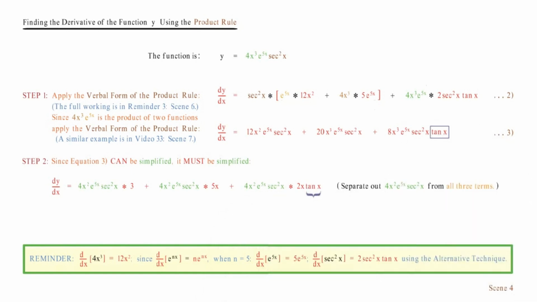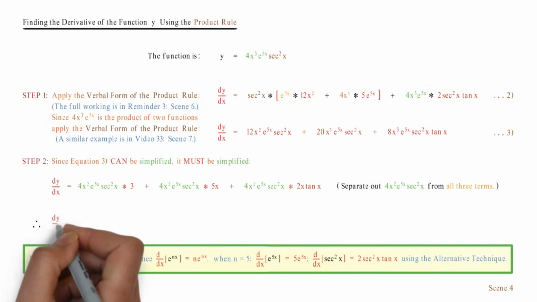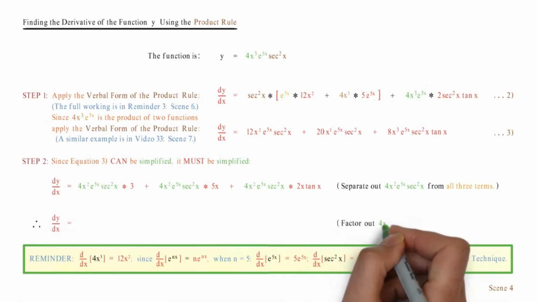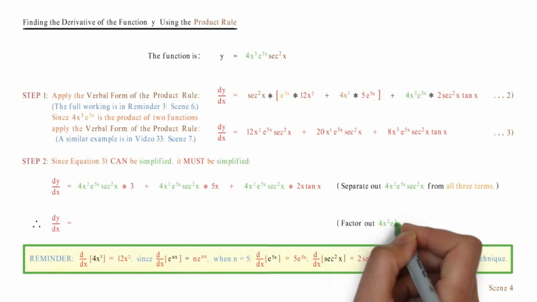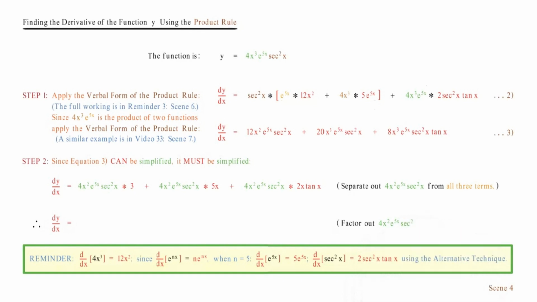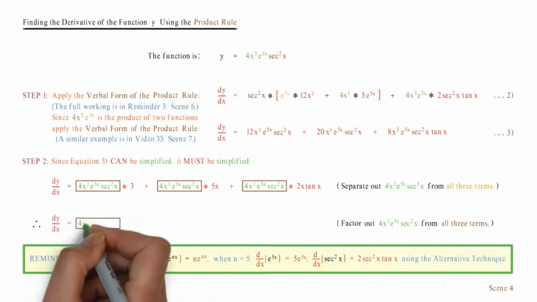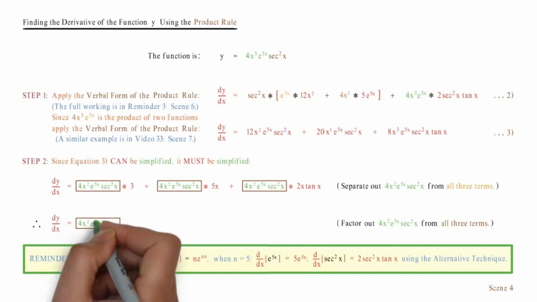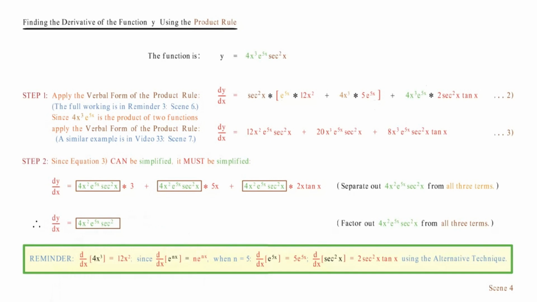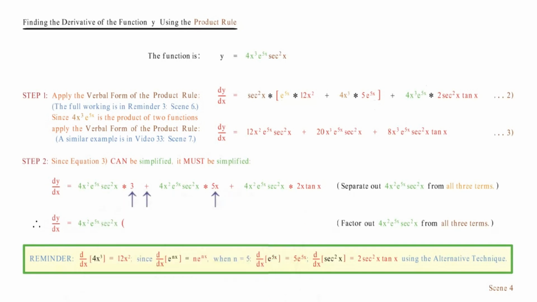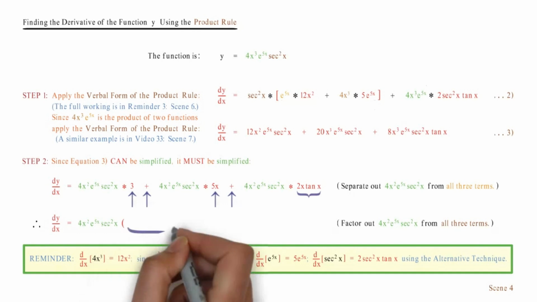Bring down. Therefore, dy by dx equals, factor out 4x squared e to the 5x sec squared of x from all 3 terms, giving 4x squared e to the 5x sec squared of x times bring 3 plus 5x plus 2x tan of x down as.